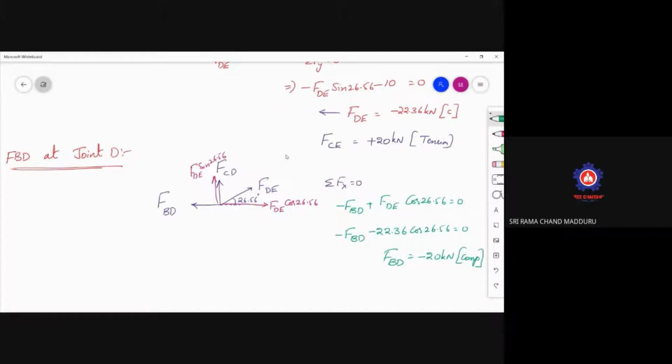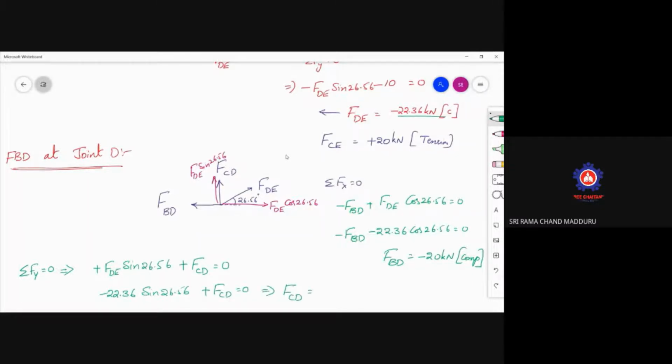Under compression. So now take sigma Fy is equal to 0. And here, vertical forces: plus FDE sine 26.56 plus FCD is equal to 0. So FDE value is nothing but minus 22.36 sine 26.56 plus FCD equals 0.